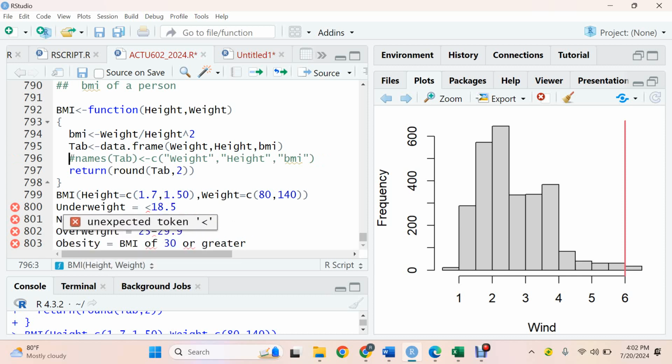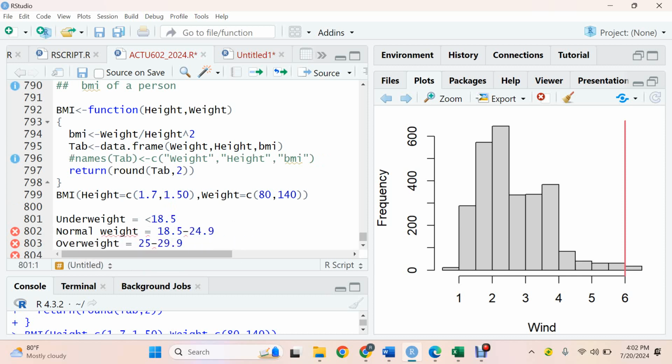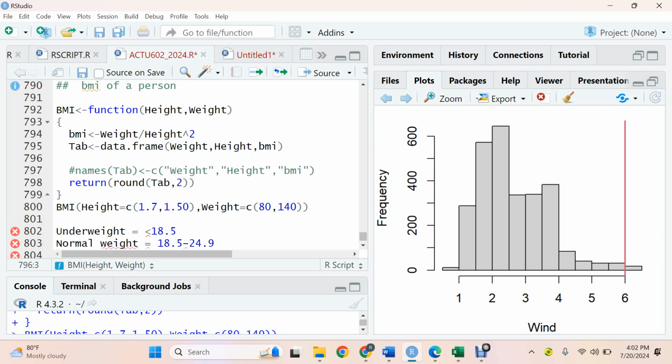In other words, if your BMI is less than 18.5, we will say that you are underweight. Okay, we can do so here. How should I add that? So you have tab.